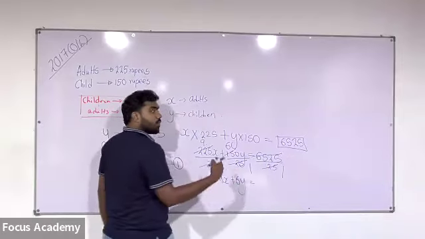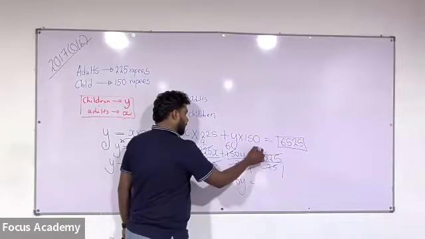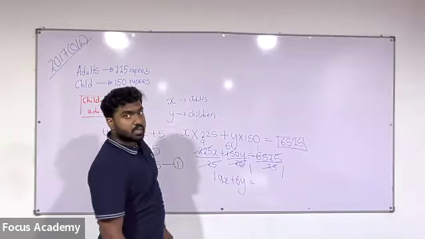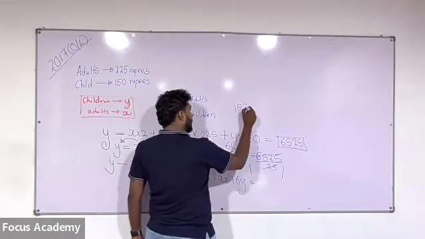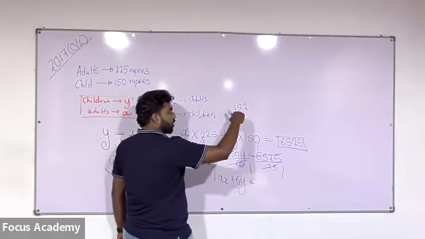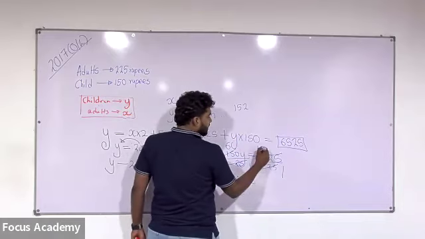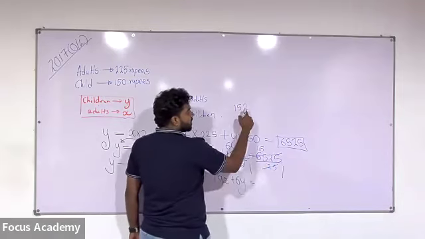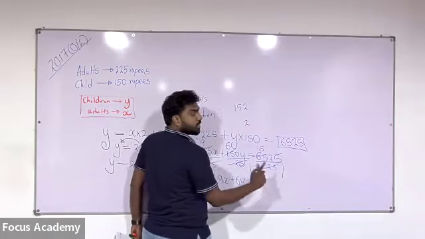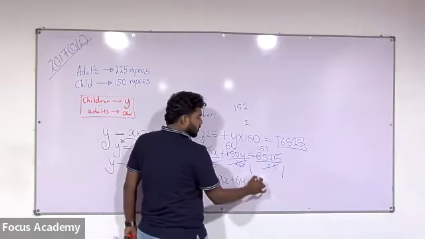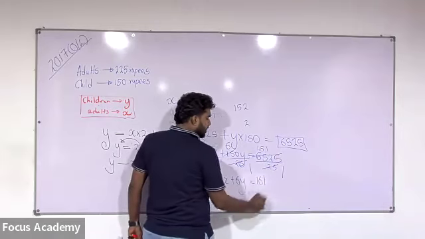In 65, how many 25s do I have? 2. Balance is 15. I give that 15 to 2, that means 152. In 152, how many 25s do I have? 6. 2 is remaining. I give that 2 to 5, that is 25. In 25, how many 25s are there? 1. So 261 is your answer.